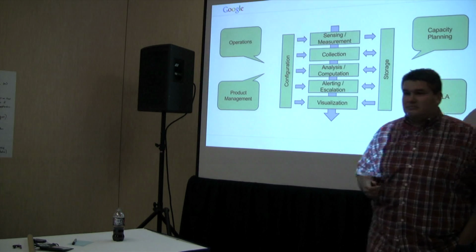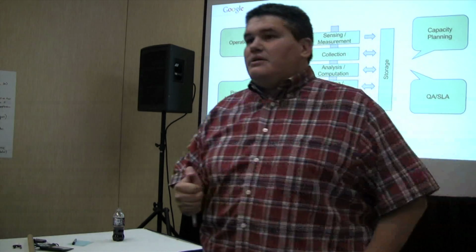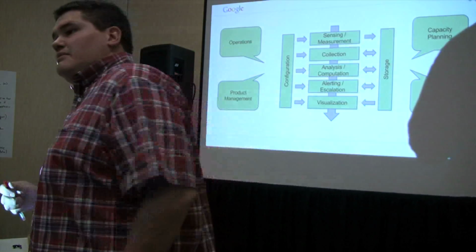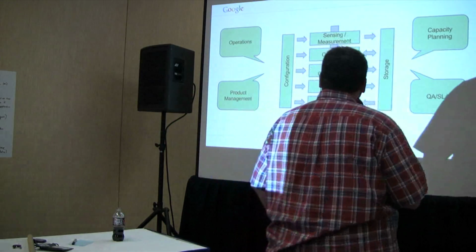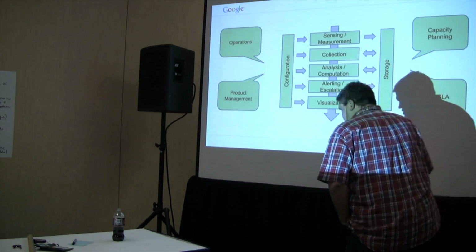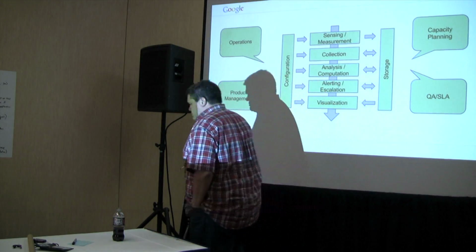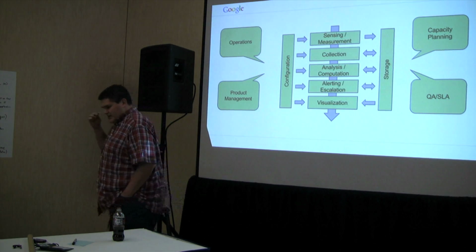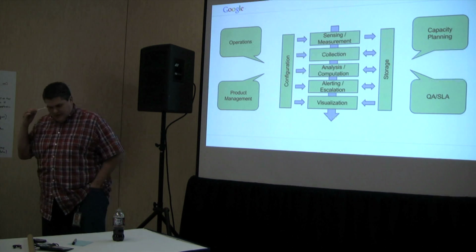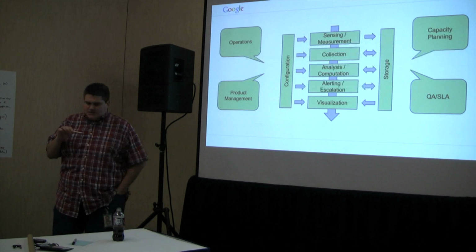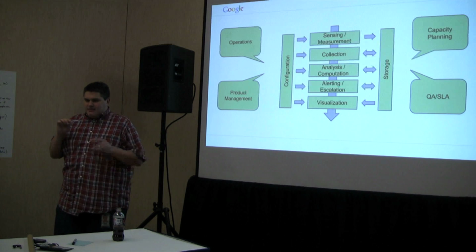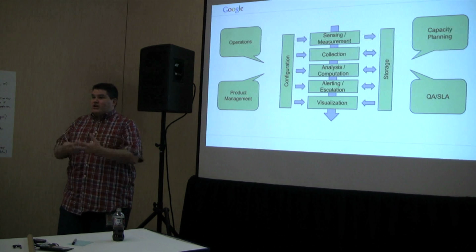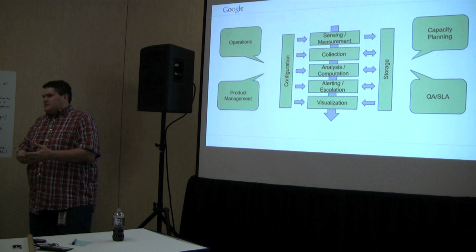Please interrupt me. Out of your 5 little boxes there, can you characterize the bottom 3 boxes as all just variations on rendering? You could. The difference when it comes to analysis is that analysis covers a couple different areas. What the engineer does when they're looking at a visualization, yes, that's analysis.